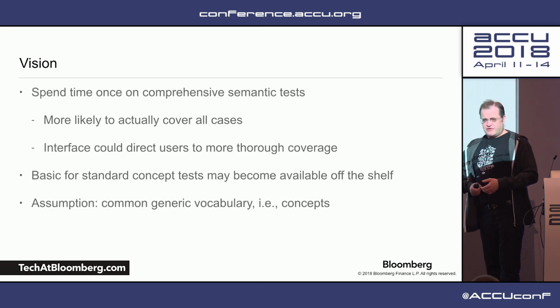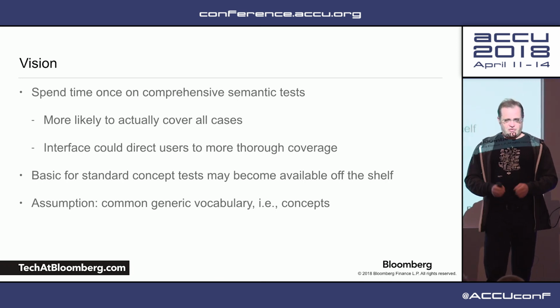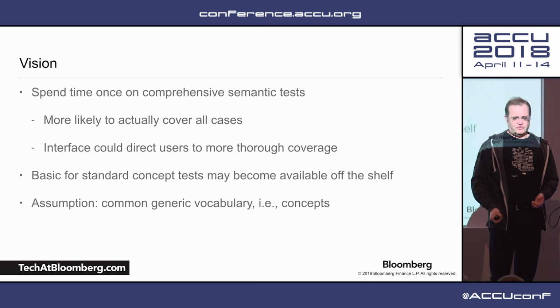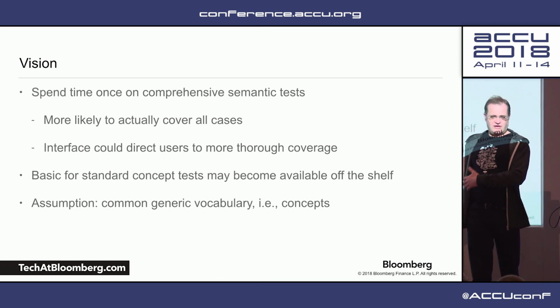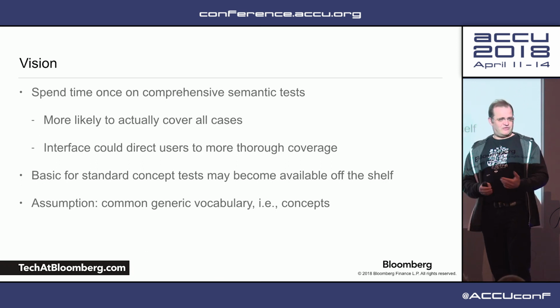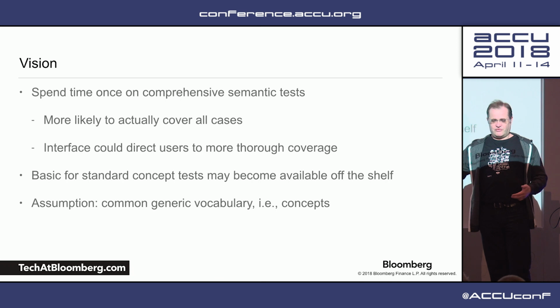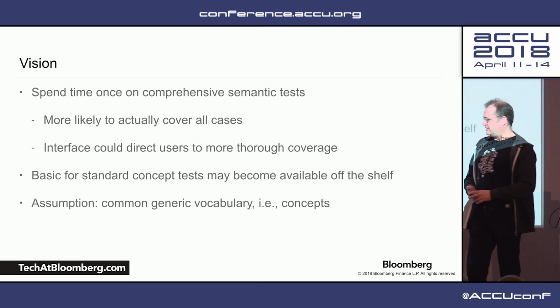If everything goes really well, and I can convince this crowd over here, and they convince more people, then you should enforce that the standard libraries actually ship this test for at least standard concepts. That would be really awesome, right? You just get a library and you go, all right, I need to write an iterator or an equality operator, and you just use something from the library to test that code. I think that would be pretty cool.